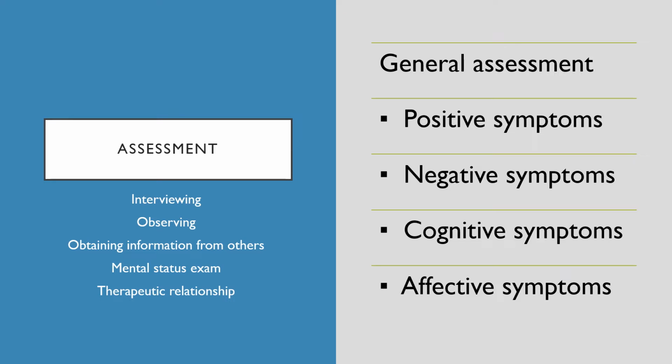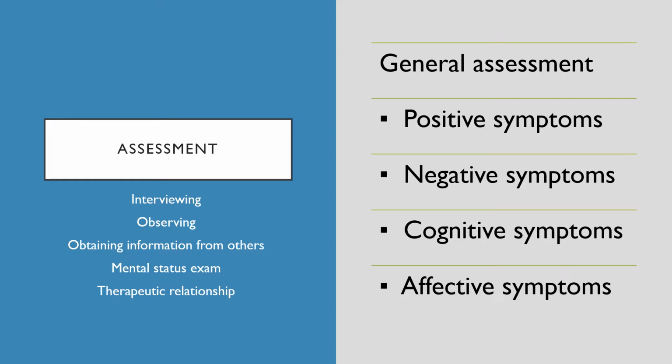We're going to obtain information from others that might know the patient, remembering some patients will conceal or minimize lots of their symptoms. We're going to do a mental status exam, and we're definitely developing that therapeutic relationship. That's just going to help strengthen that nurse-patient communication.